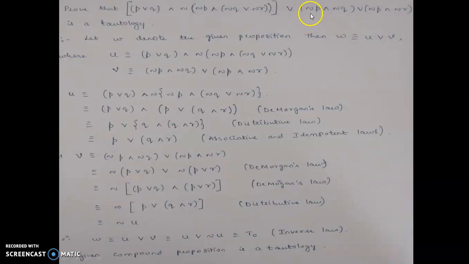With respect to V, the same equation is taken, and we again find the De Morgan's law. That is inverse of P and inverse Q, or inverse of P, and for this, if we apply De Morgan's, and changes to or.